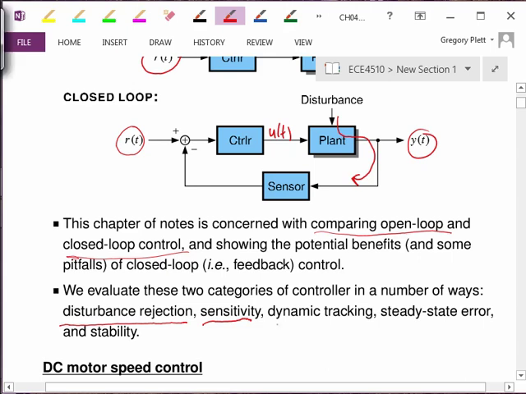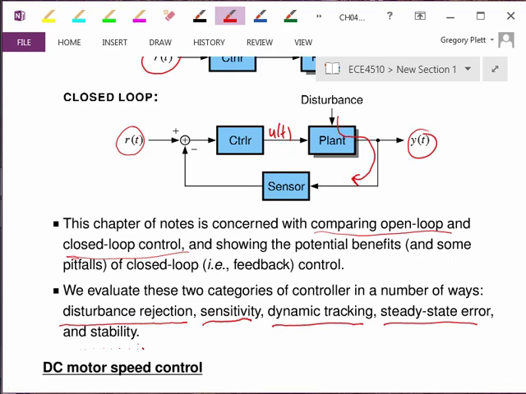We're going to see how well the controller is able to cause the plant to dynamically track this reference input, R of t, and how well it's able to eliminate steady-state differences between Y of t and R of t, as time gets large, and we'll also think about stability. So a lot of different ways that we can evaluate controllers, and we'll look at those here before going on to subsequent chapters, which are going to be interested in more analysis and finally design of feedback controllers.